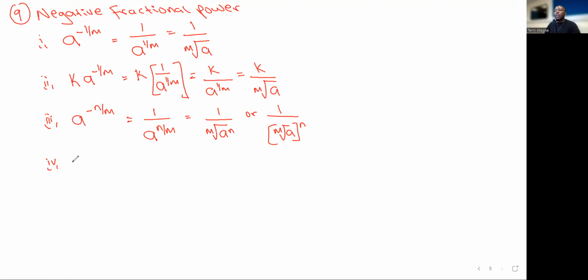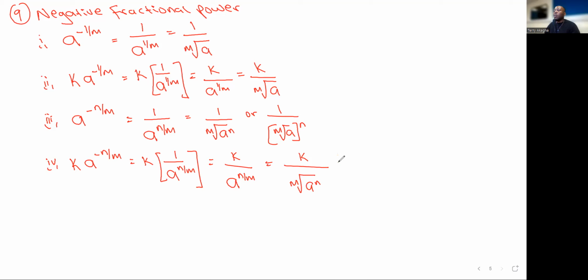So the next one, if you have a constant and we have k·a^(-n/m), the same thing, we have a constant. If you notice, multiply by 1 over a^(n/m), and that will give you k over a^(n/m), which is the same thing as saying k over the mth root of a to the power n, or you can say k divided by the mth root of a all raised to the power n.